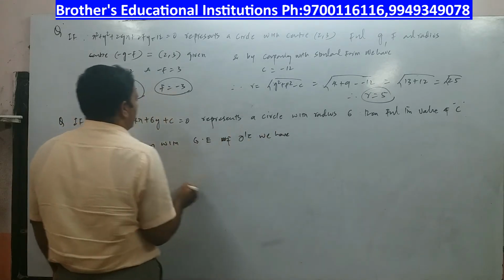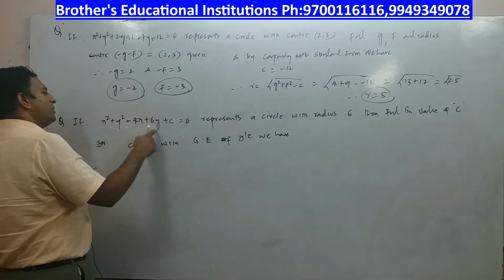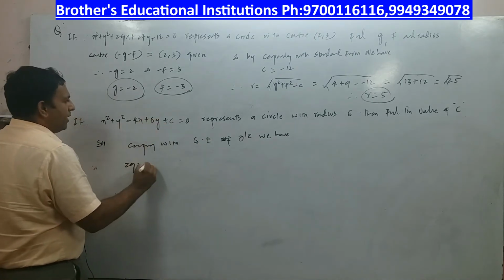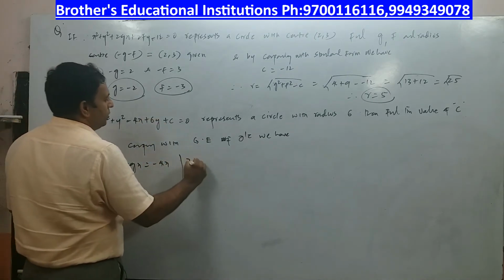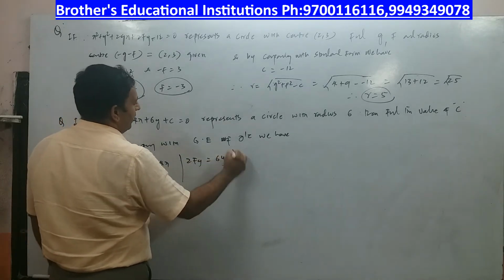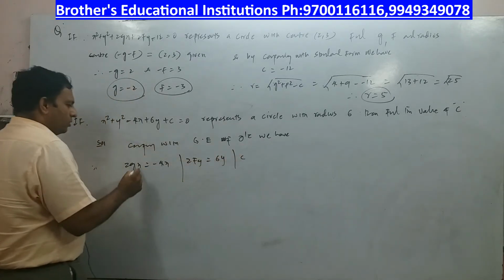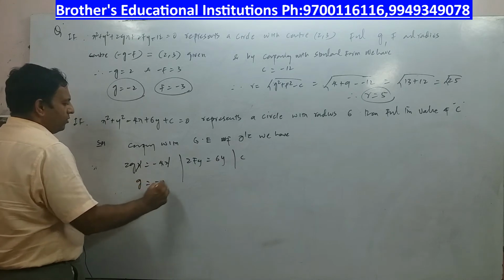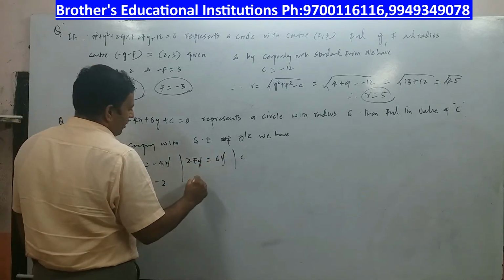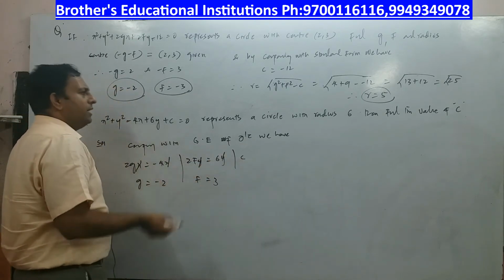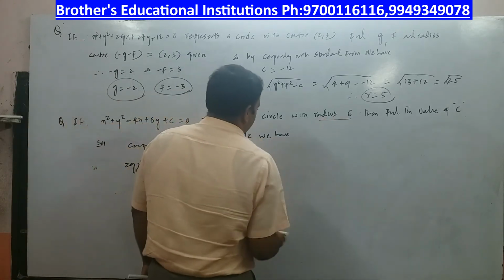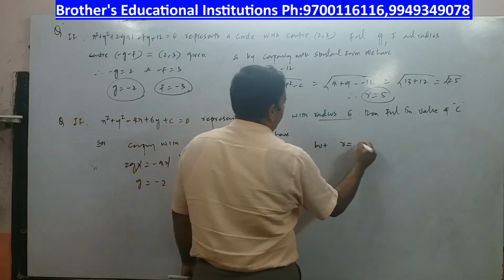What is the general equation of circle? x square plus y square plus 2gx plus 2fy plus c. So I will say 2gx value is minus 4x. 2fy value will be what? 6y. c is anyhow c. So x cancel, you have g is equal to minus 2. y cancel, you have f is equal to 3. c is already c. Now he says the radius is 6. I will say but radius is equal to 6.